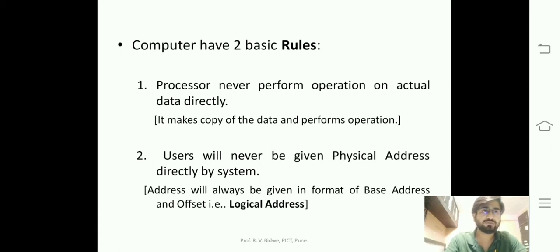But do remember, every computer gives you a logical address only, it never tells you the physical address. These rules and properties are applicable to today's computers also, starting from the first generation of computers until now. You will understand all these things as we go further in the subject.